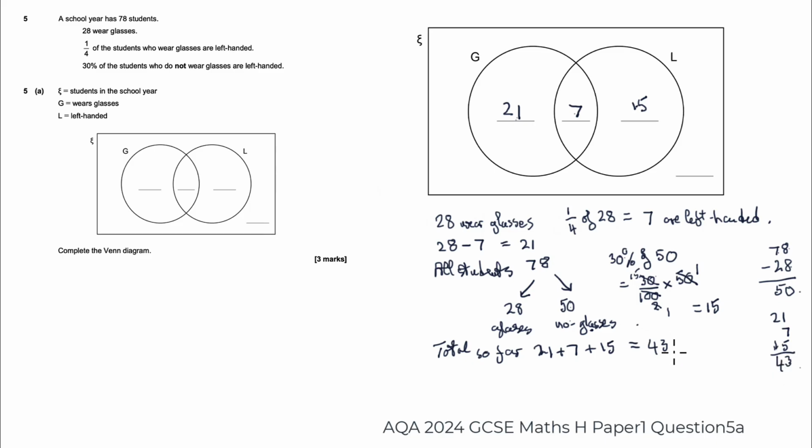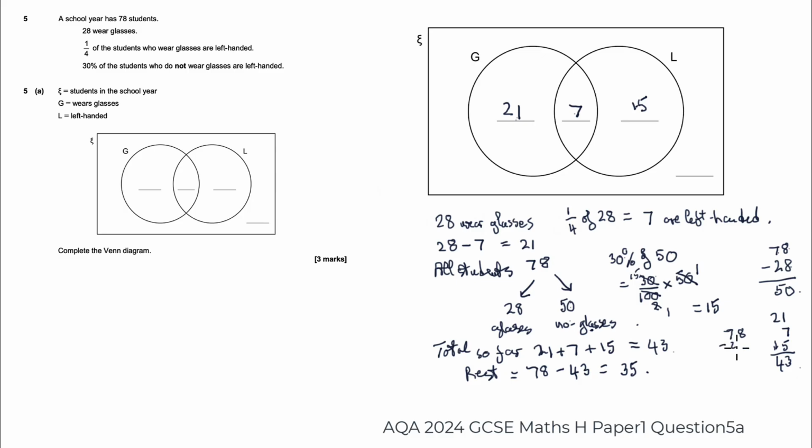So we have 43, the rest equals, well, remember we had 78 students altogether and we've accounted for 43 of them. That leaves 35. Set up your subtraction.